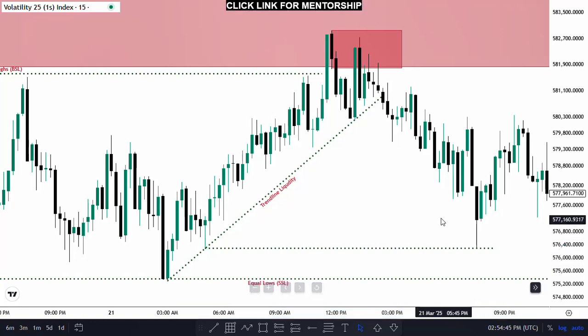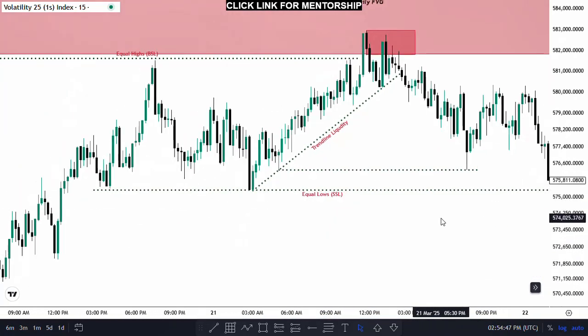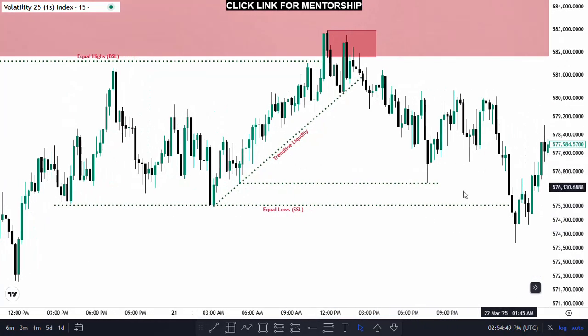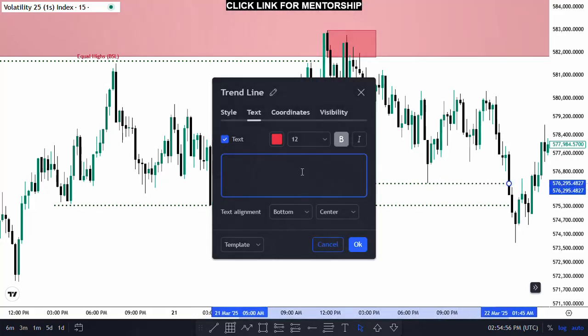Here, this is some engineered liquidity. This is why price even moved way too fast here. We have equal lows, that is sell side liquidity.